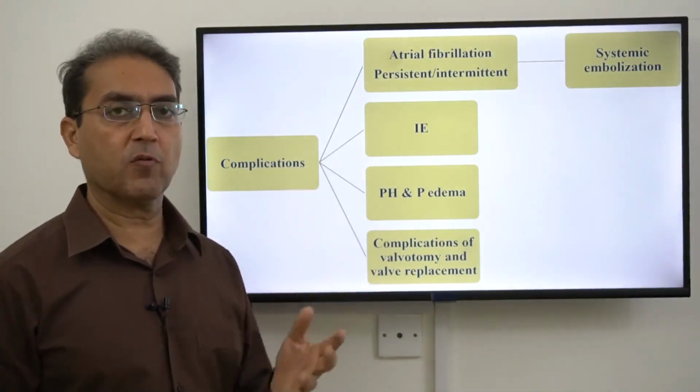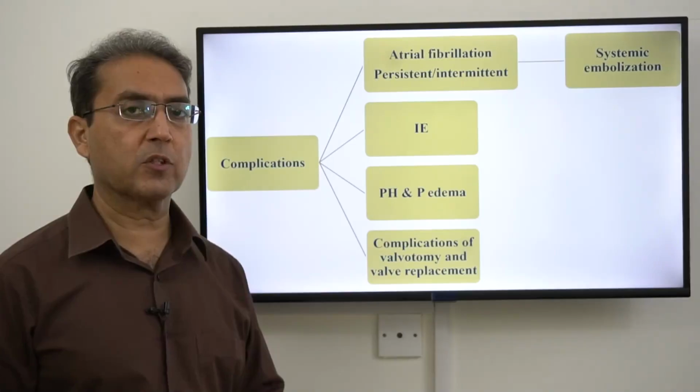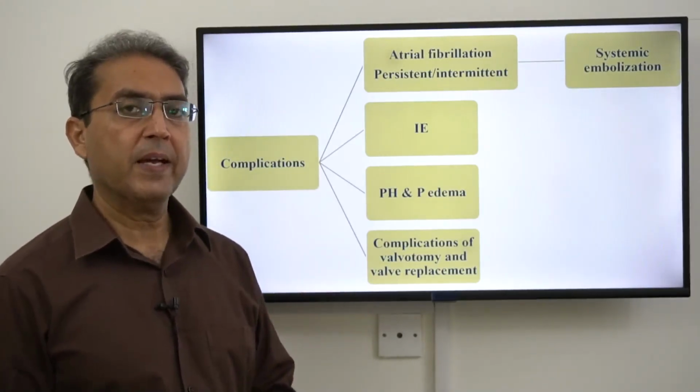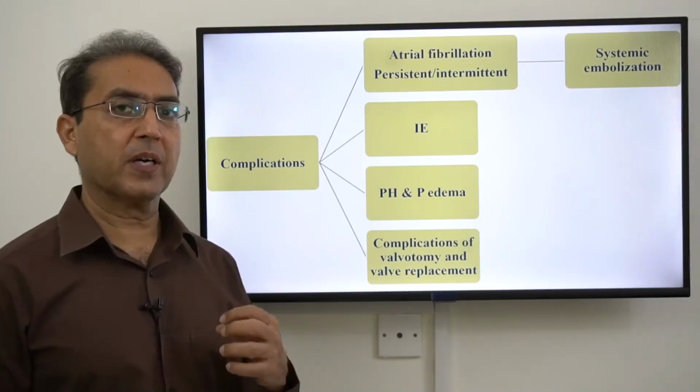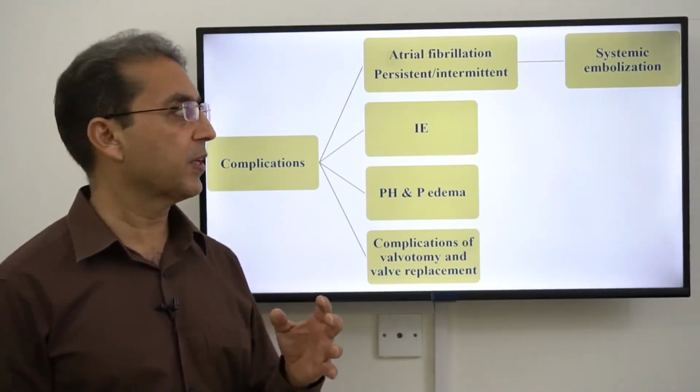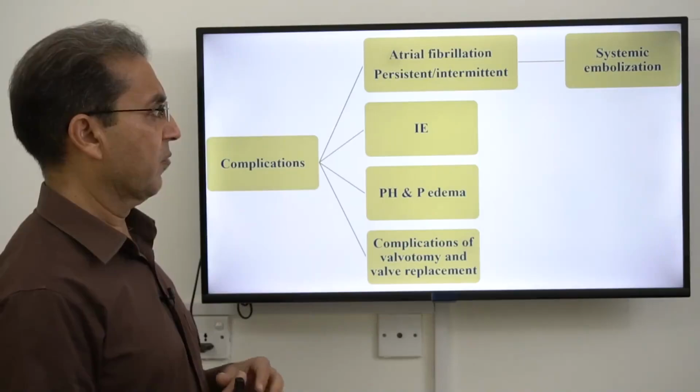For example, there may be involvement of the brain, with the patient presenting with stroke, there may be MI, the patient may have limb ischemia, gut ischemia, or renal ischemia. So this is one complication.